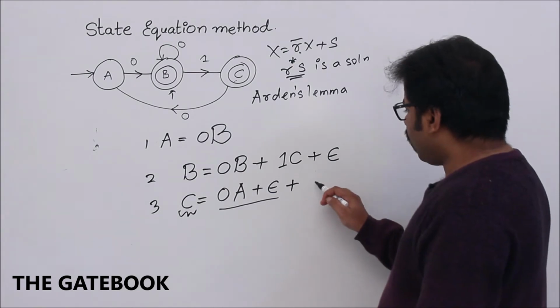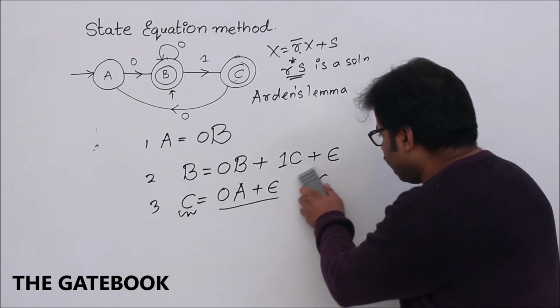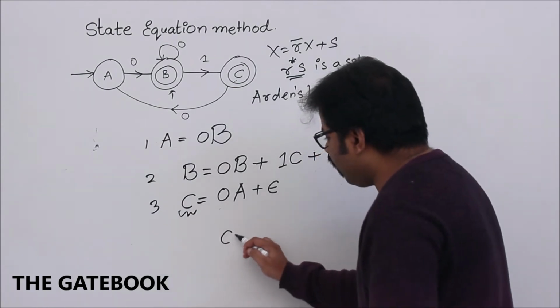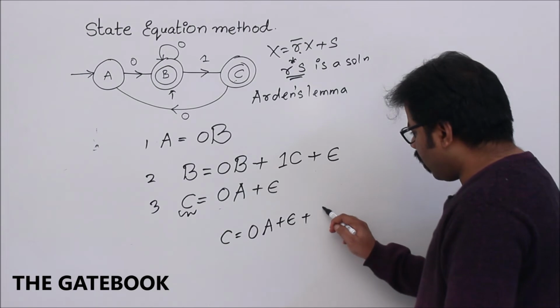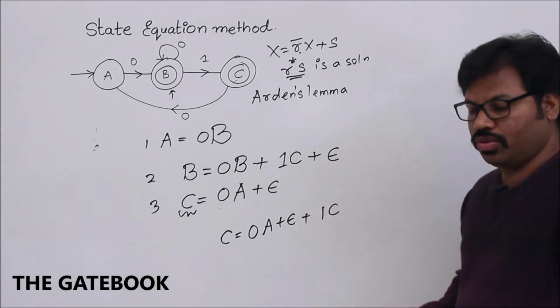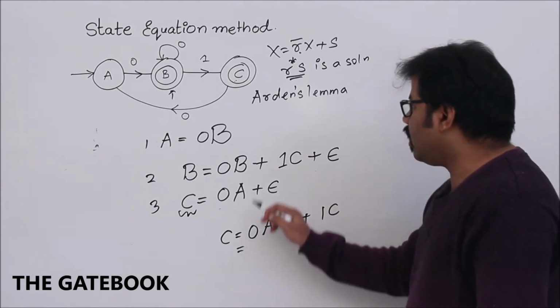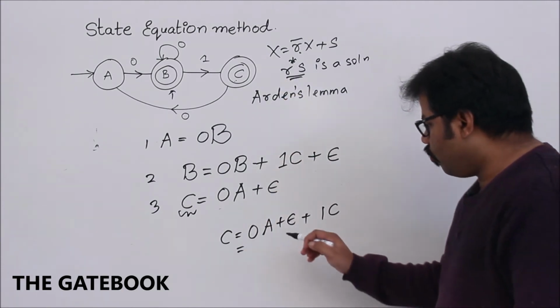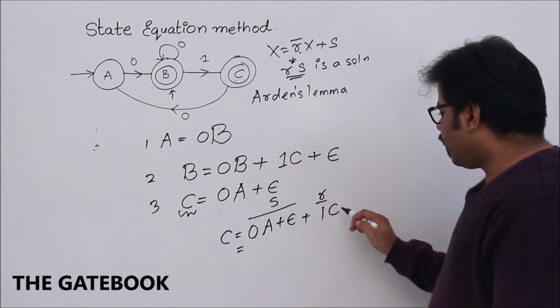Assume you have something like 1c. Let me write it here. Example, if we had an equation like 0a plus epsilon plus, let's say, 1c, what are you going to do? Simply I eliminate variable c from this equation using Arden's lemma. For me, this entire thing is s, this is r, in rx plus s.